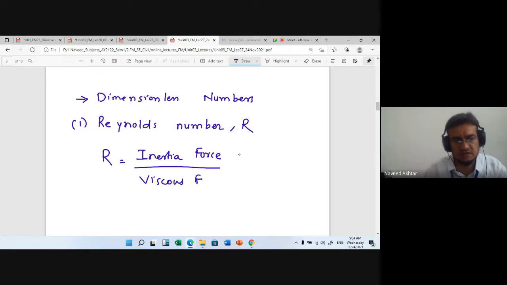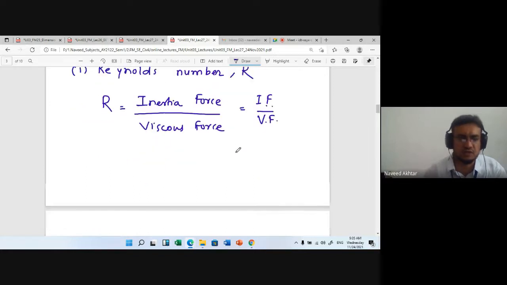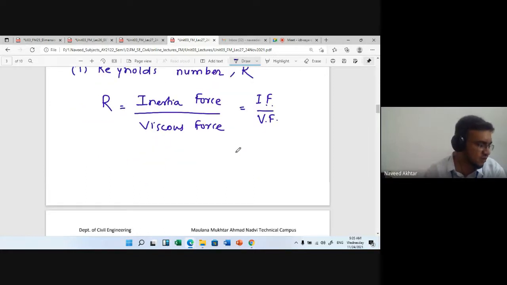In short, you can write IF upon VF. Inertia force upon viscous force is nothing but the Reynolds number.